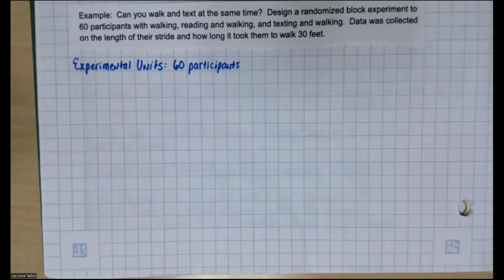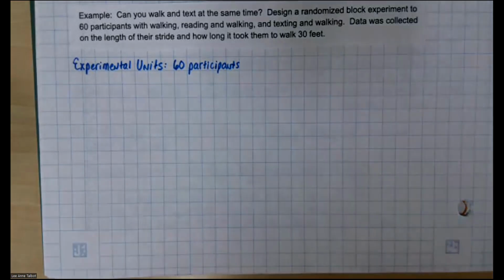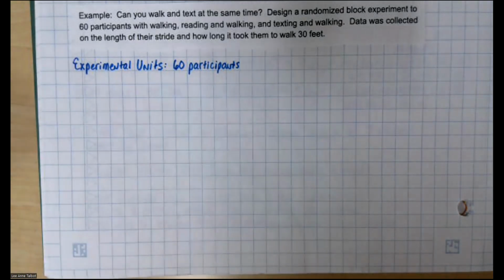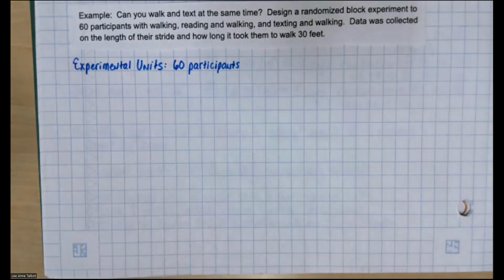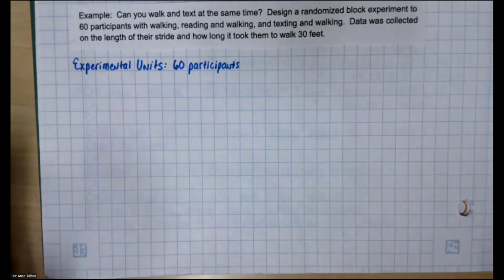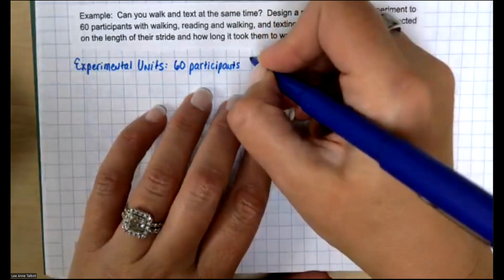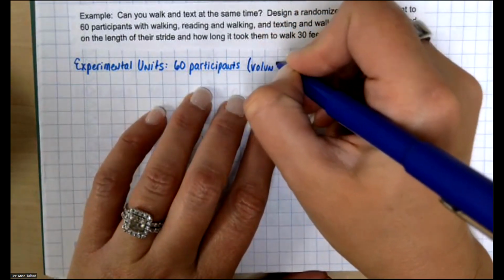When you do an experiment, if they're people, they have to be volunteers. Do not ever force somebody to do an experiment. That would be bad. So don't mix up random selection versus random assignment. In an experiment, they have to be volunteers.